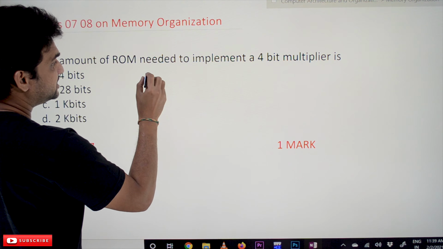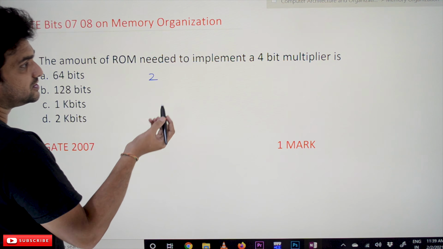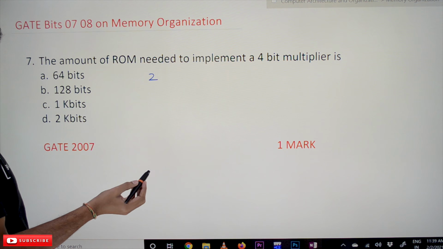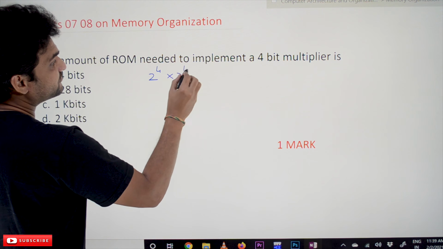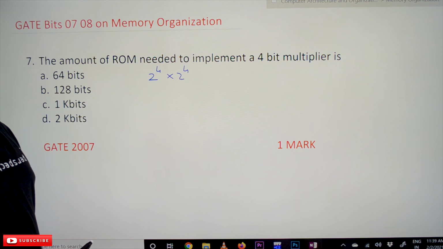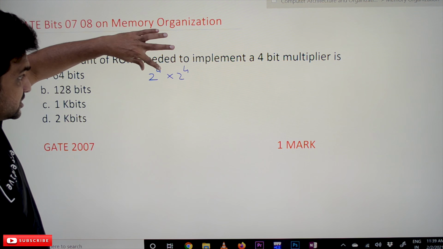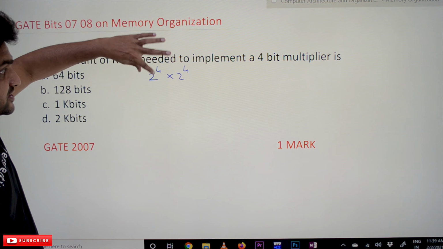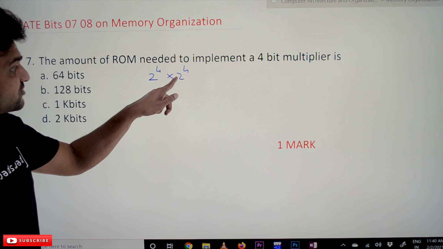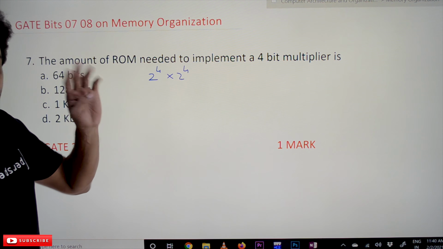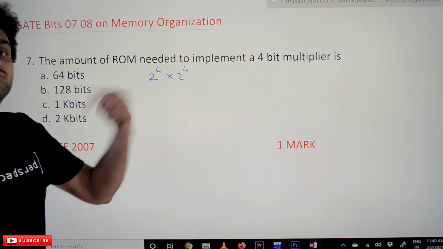In order to multiply two 4-bit numbers, 2 power 4 into 2 power 4 combinations are needed. The number of combinations that are possible with 4 bits is 2 power 4, and with the other 4 bits it is also 2 power 4.